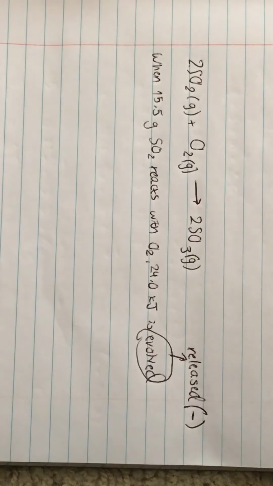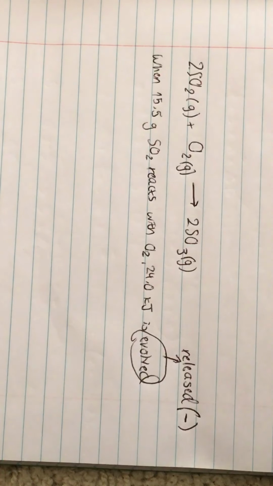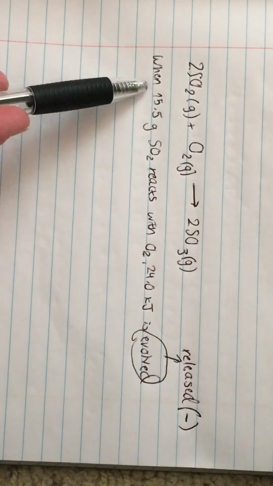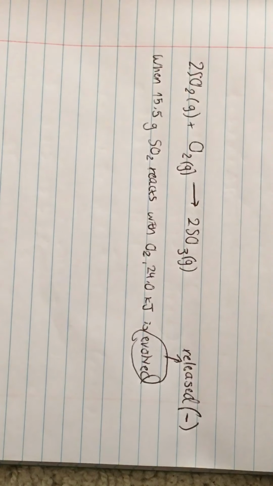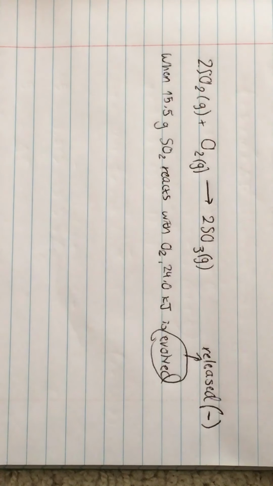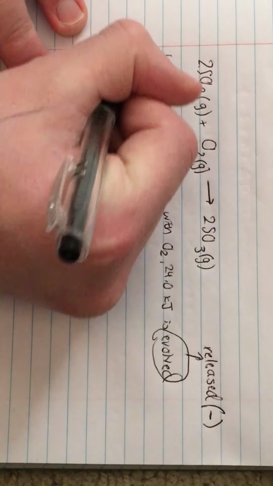All right, so we got our equation. Now, what it's asking us to find is the value of the change in heat. So to do that, the first thing we have to do is convert this grams measurement into moles. I don't know if you remember this from Gen Chem 1, probably not, but we start with the grams that we're given.